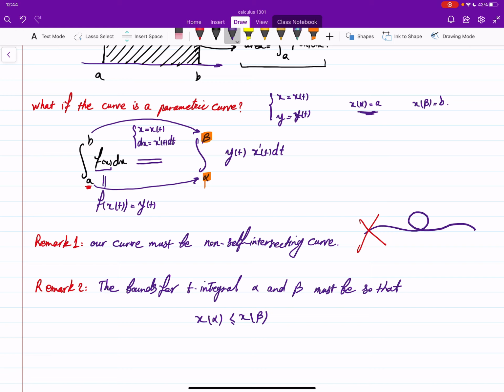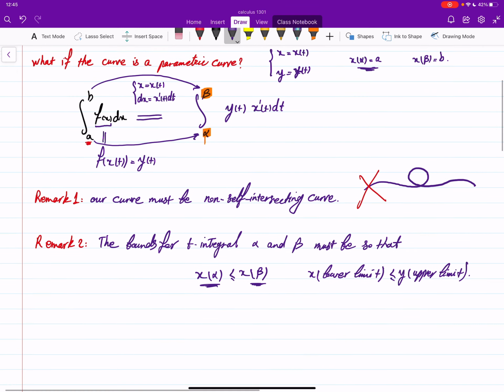Beta can be bigger than alpha, but the only thing that matters for us is that we check that x at alpha is less than x at beta. In other words, x at the lower limit of our t integral must be less than or equal to x at the upper limit.